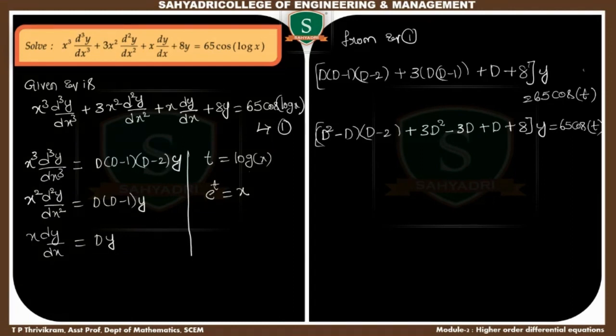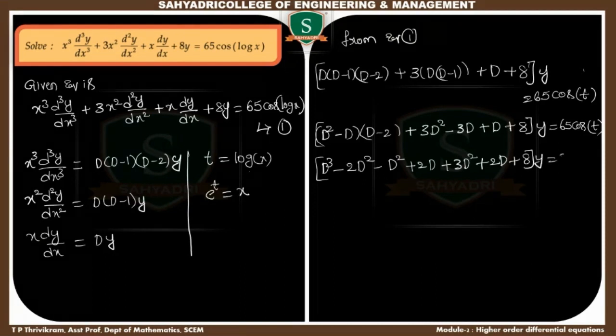Again multiply with this, you'll get d cube minus 2d square minus d square plus 2d plus 3d square minus 3d plus d plus 8 into y is equal to 65 cos t.